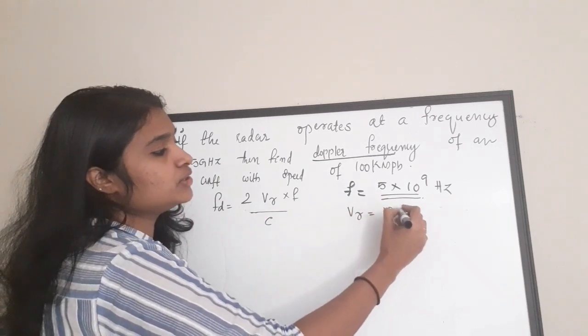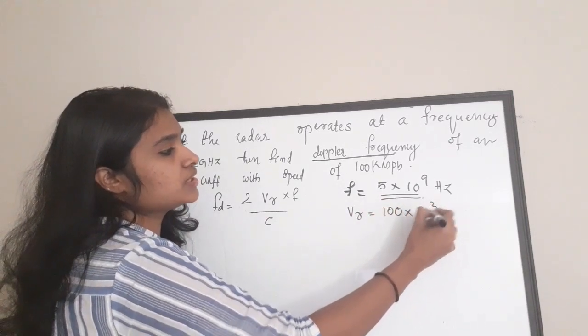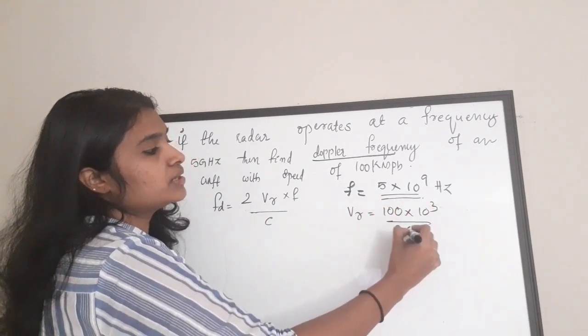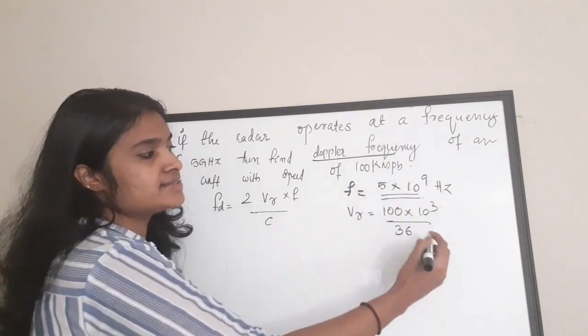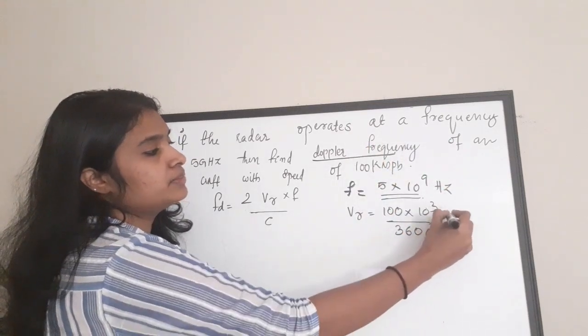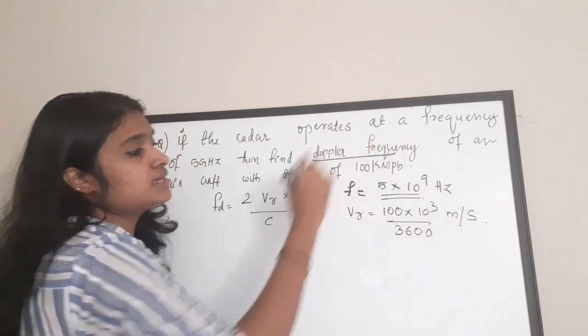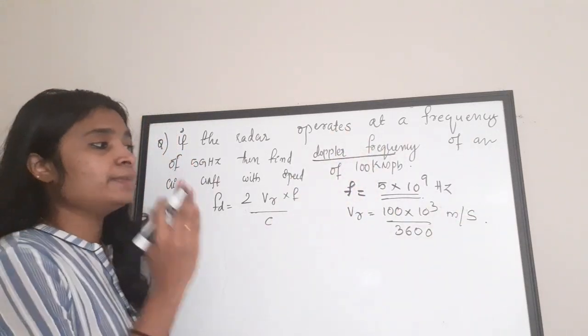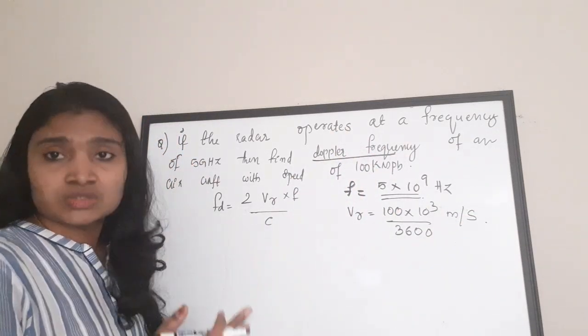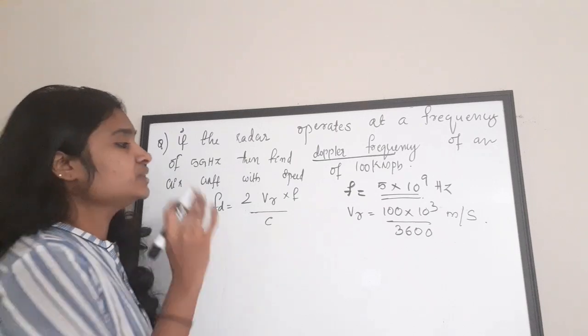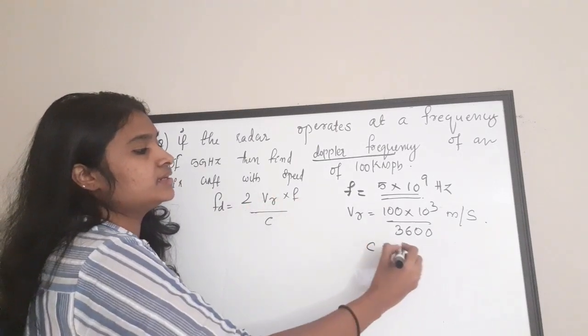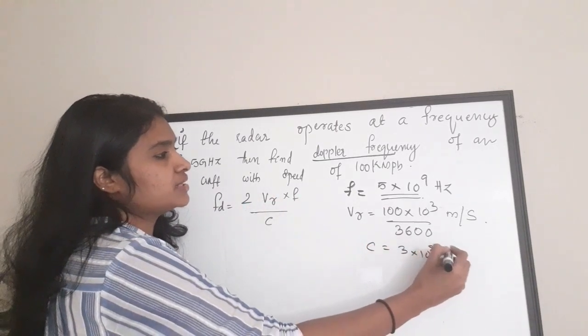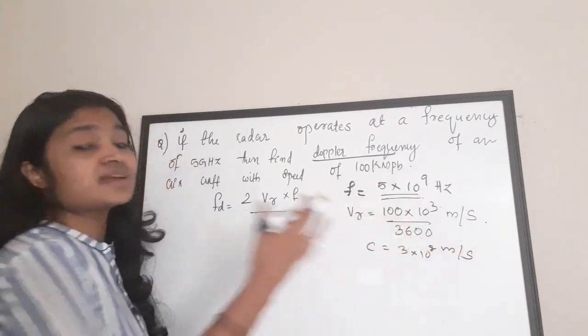So 100 × 10^3 divided by 3600, since 1 hour is 3600 seconds, gives meter per second. Now C is 3 × 10^8 meter per second. Now all the values are in standard terms.